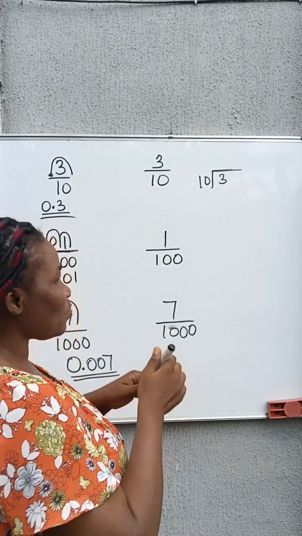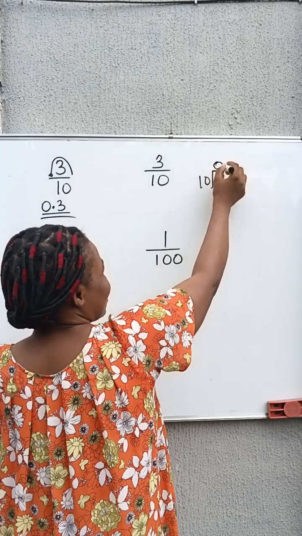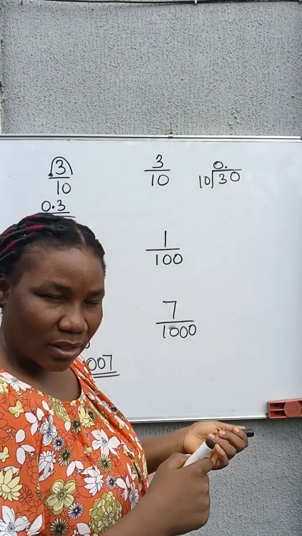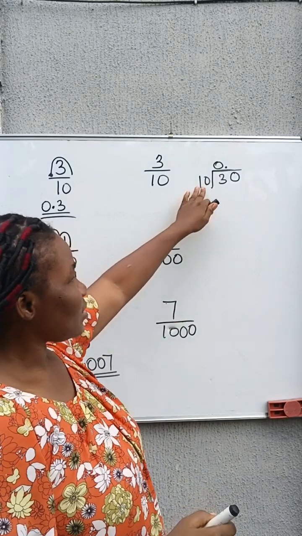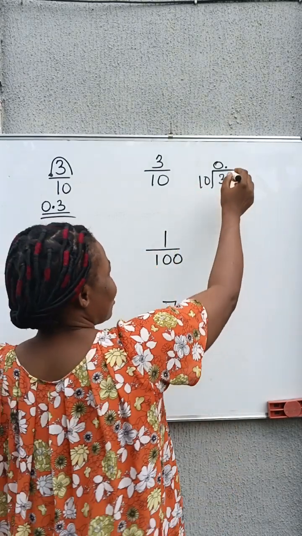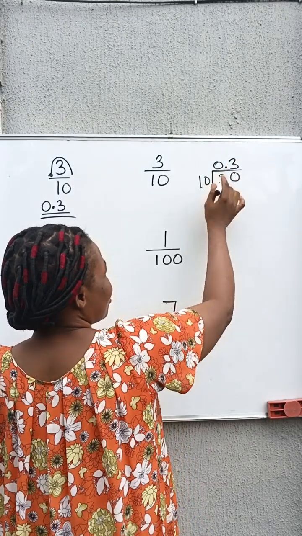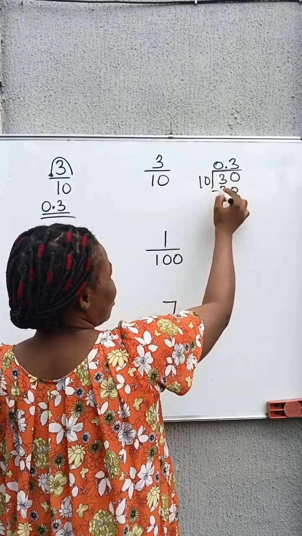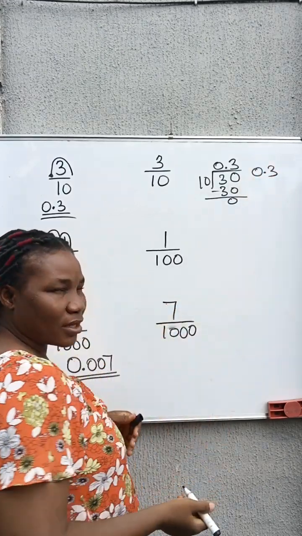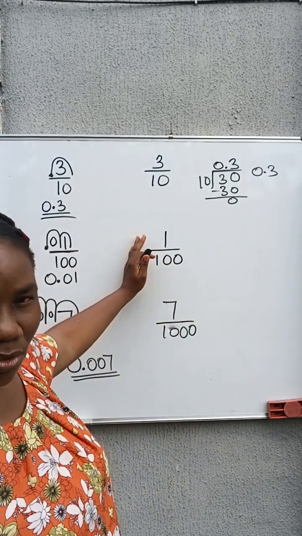No. So we put 0 up and a decimal point. At the same time, we give 0 to 3. So we go back again. 10 into 30. How many times? 3 times. Write your 3. Next, multiply it. What do we have? 0.3.